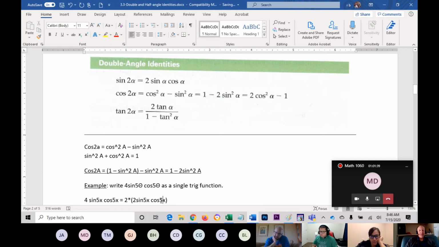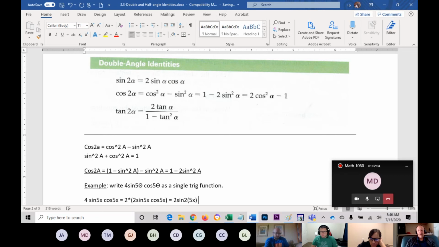Now this piece looks just like our identity, right? So that becomes sine of 2 times 5x. And I can't forget the 2 out in the front, right?